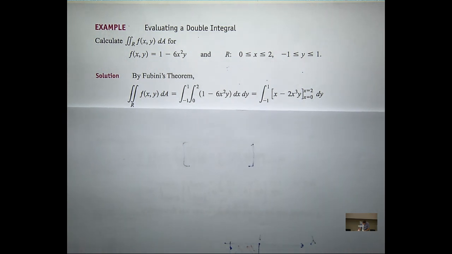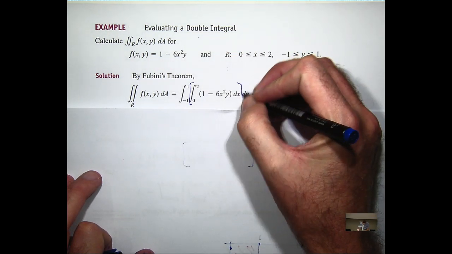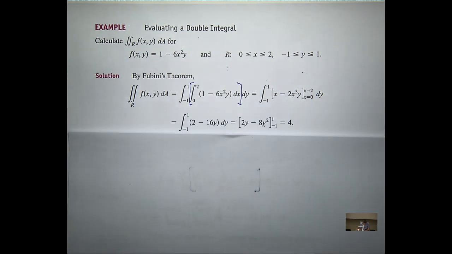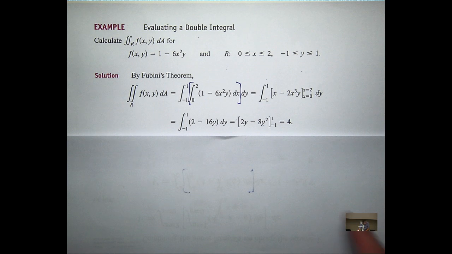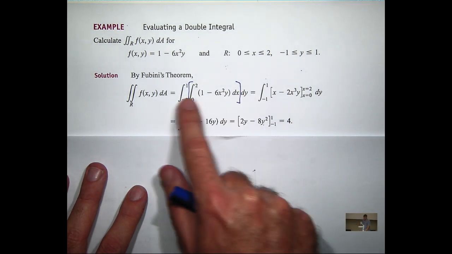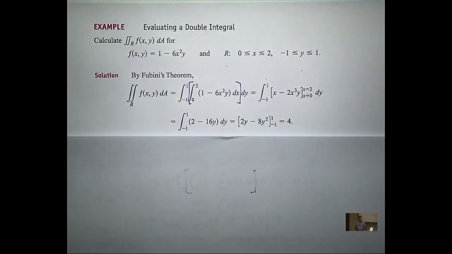Either this way, and there I would integrate with respect to x first, and then integrate with respect to y, just like we've done. So I get 4. Now, Fubini's theorem says I can reverse the differentials and reverse the integral signs, and I should get the same answer.